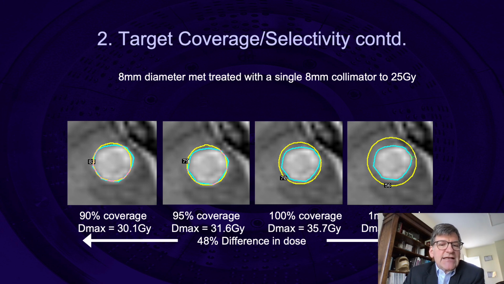And yet there's actually a difference of 48% in the dose between the 90% coverage and the 1 millimeter margin lesion. And that's 48%, not just to the maximum dose, but everywhere else as well. Yet we're still getting the same prescription dose. So all of these centers would actually report the same prescription dose to the target, even though there's a 48% difference.